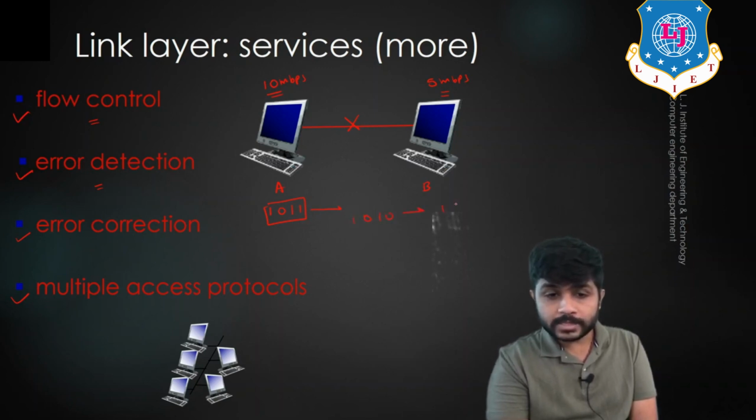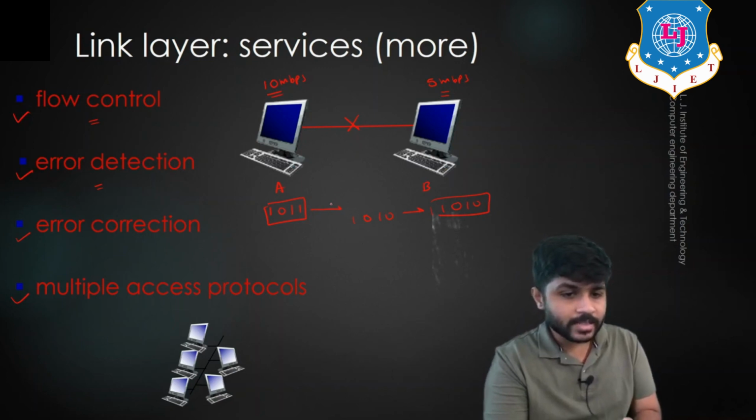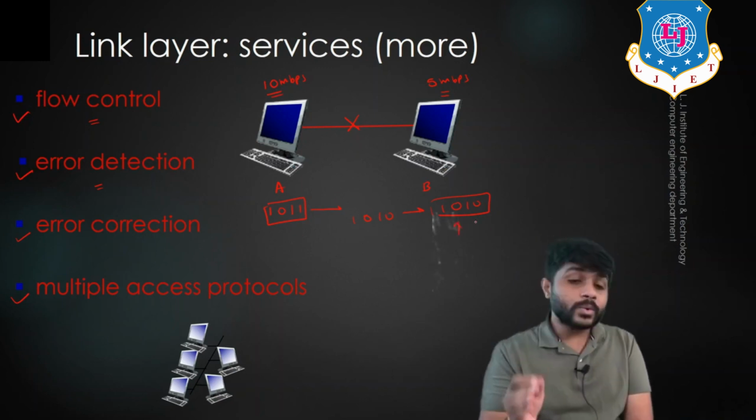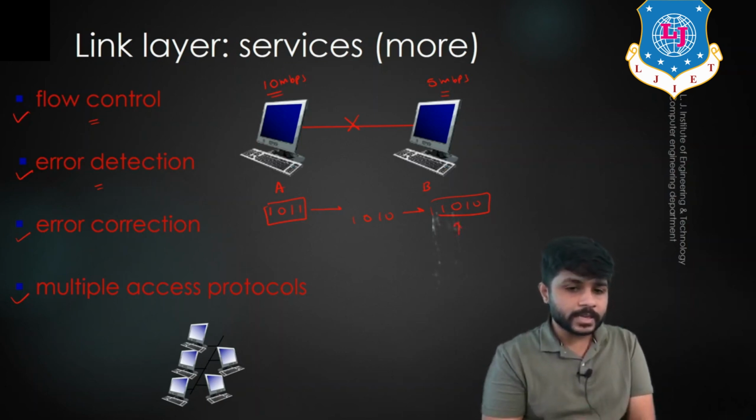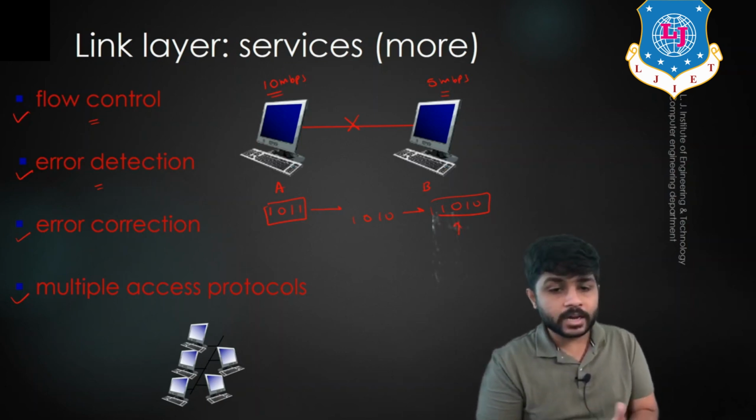So B is receiving 1010 because of the noise present on the link. You can clearly understand that the value of the data is changed, and if only one bit is changed, the whole data can get corrupted.